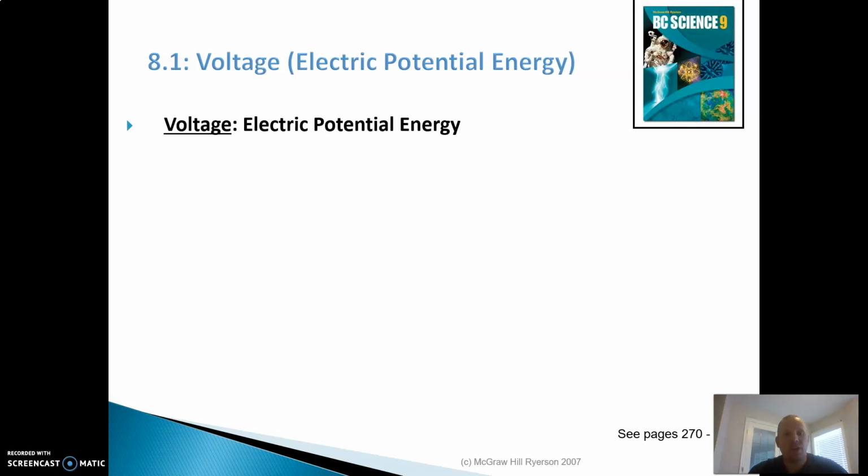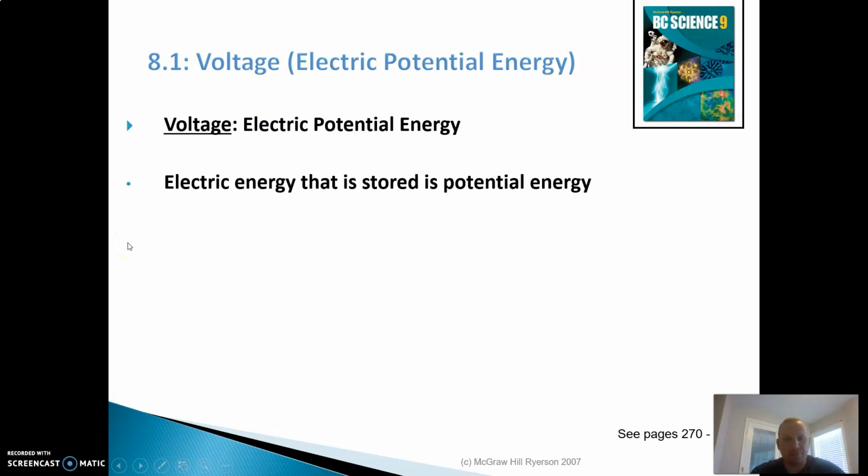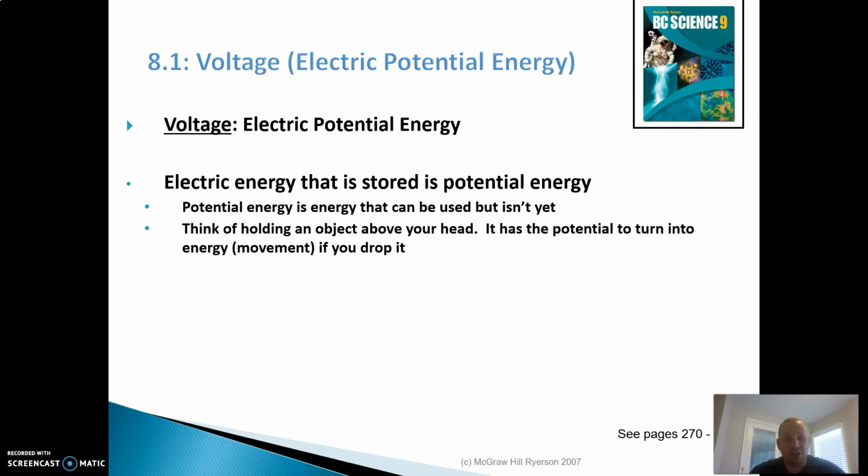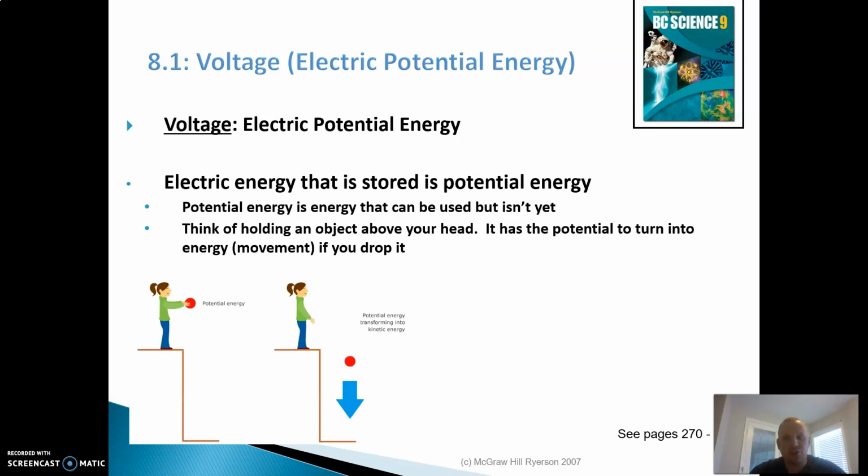So to begin, we're going to talk about voltage. And what voltage really is, it's electrical potential energy. So it's energy that's stored, basically, is what potential energy is. And just to draw a comparison to other types of energy, potential energy is basically just an object that has the ability to do something.